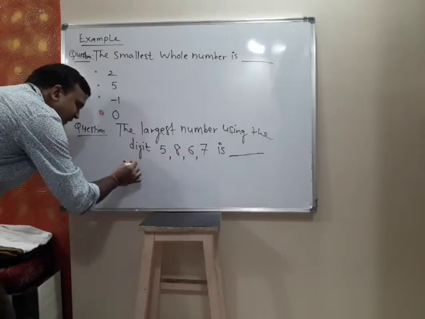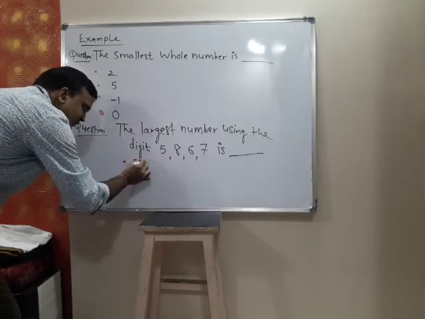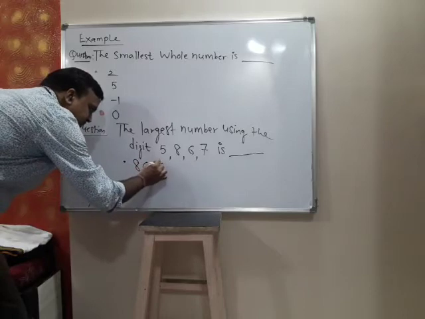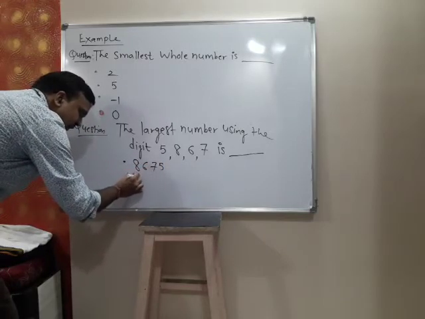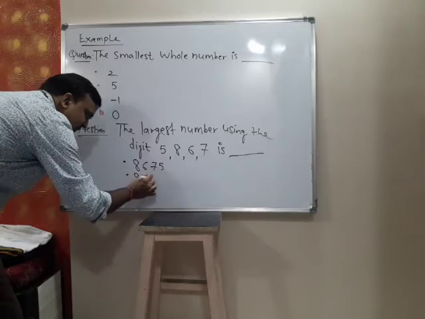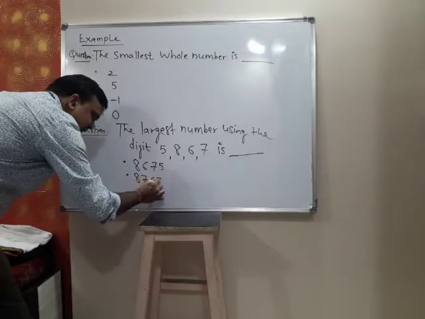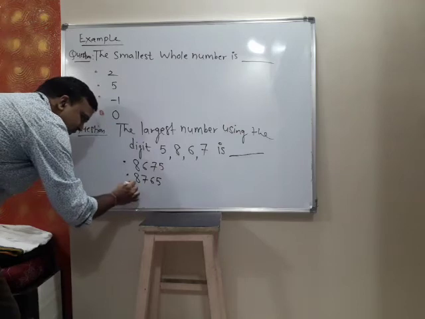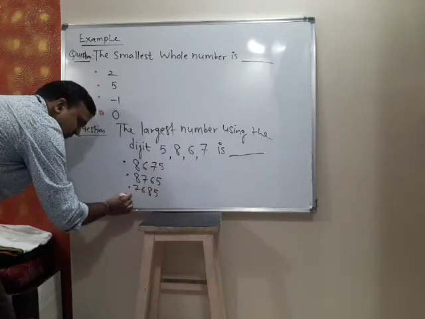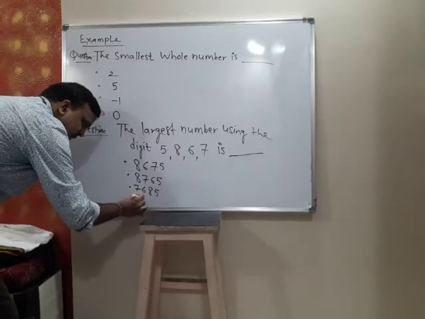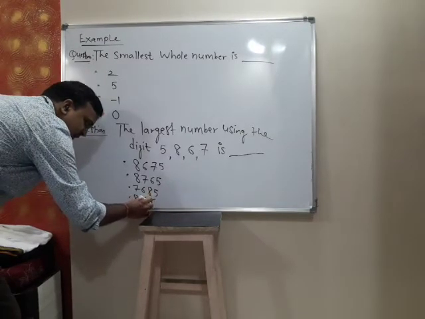One answer will be 8, 6, 7, 5. Second answer 8, 7, 6, 5. Third answer 7, 6, 8, 5. And fourth answer 8, 5, 7, 6.